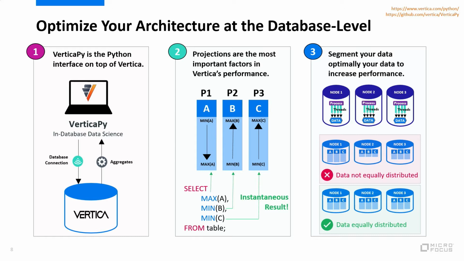And as you are just sending SQL queries to Vertica, if this part is not optimized, VerticaPy will be slow. So VerticaPy relies on Vertica. And if you do not optimize your architecture at the database level, you cannot expect high performance. So the first advice I can give you is to master your database in order to optimize what you can optimize at the database level.